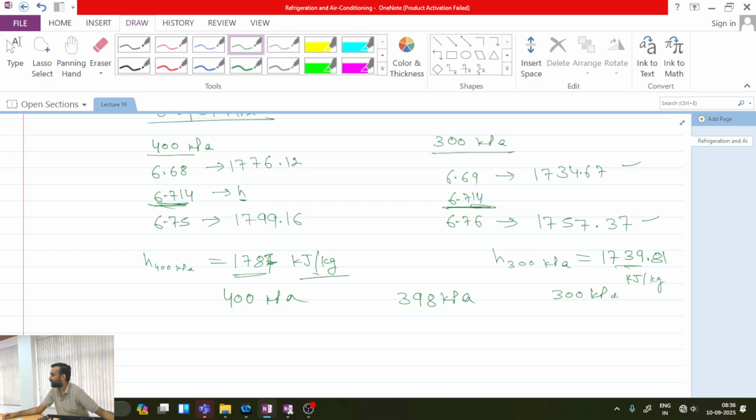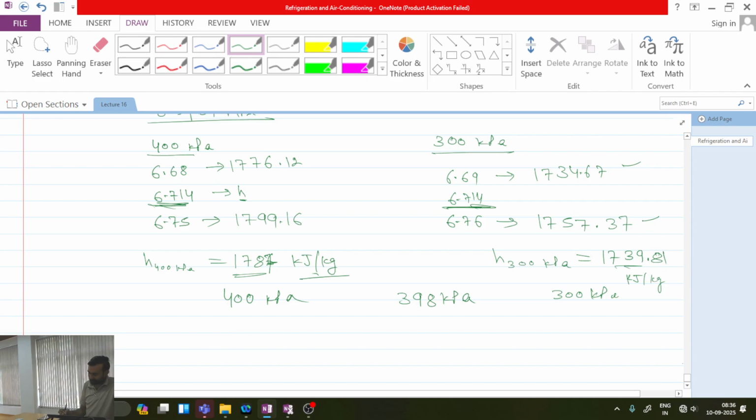How to do interpolation now? You know three pressures. Enthalpies are known only at two. So you need to calculate enthalpy at the third pressure. So this is how you have to apply the interpolation in two stages. 1785.